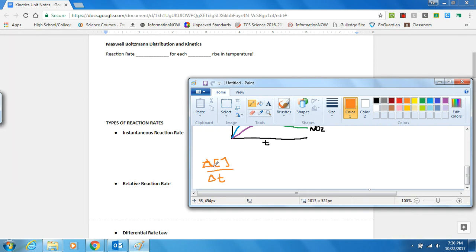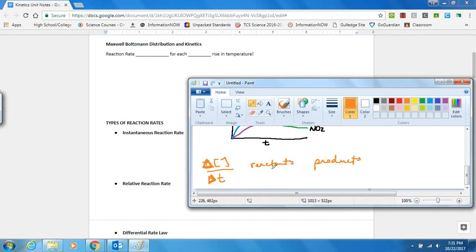So our concentration of our reactants as well as the concentration of our products are changing over time, and this is due to how fast or the likelihood of having those effective collisions. Now, what do we notice about our reactants? What happens to the concentration of reactants over time?